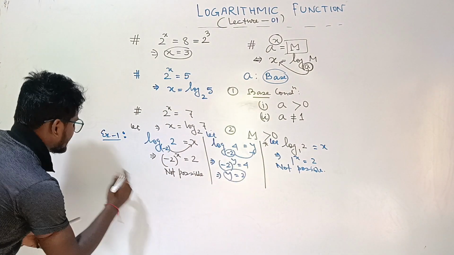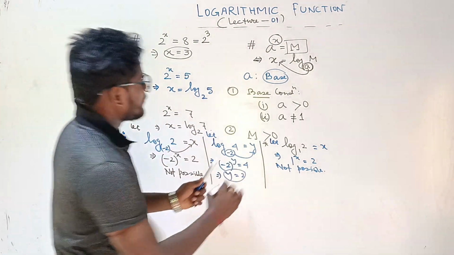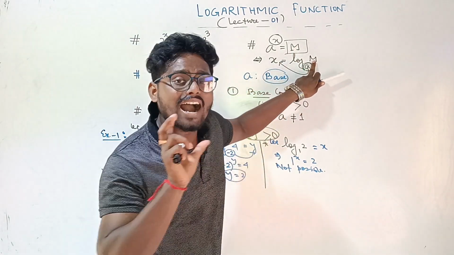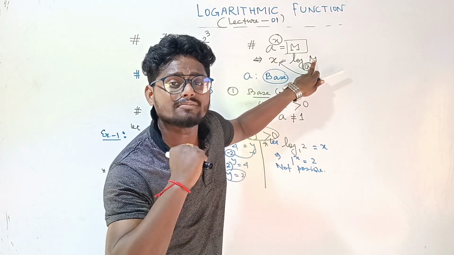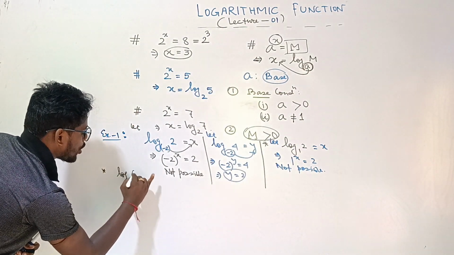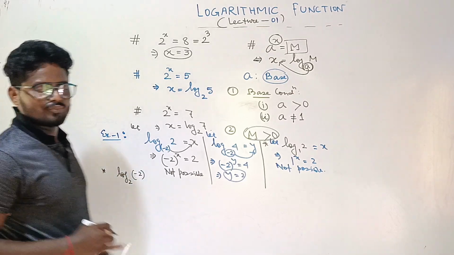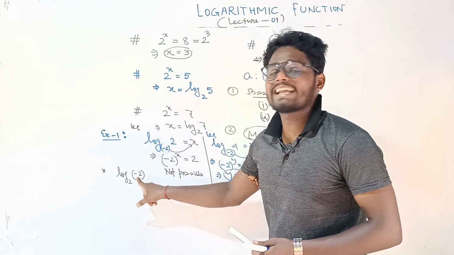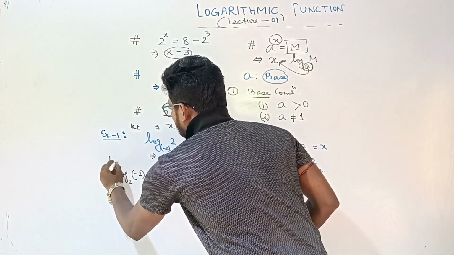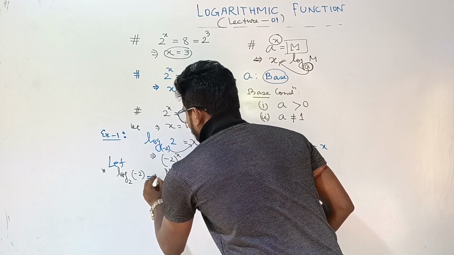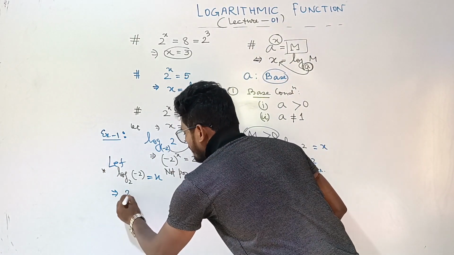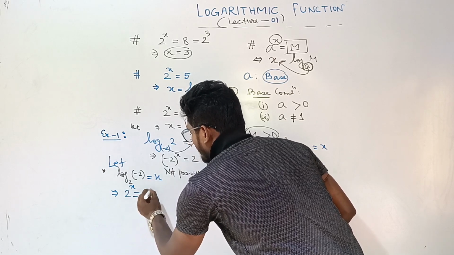Okay, one more example here. That is the number condition. What I said is that you can't put a negative quantity. So let's take the negative quantity. What is the value of log of minus 2 to the base 2? See, here I took a negative number. If we take this as x, then 2 to the power x is equal to minus 2.